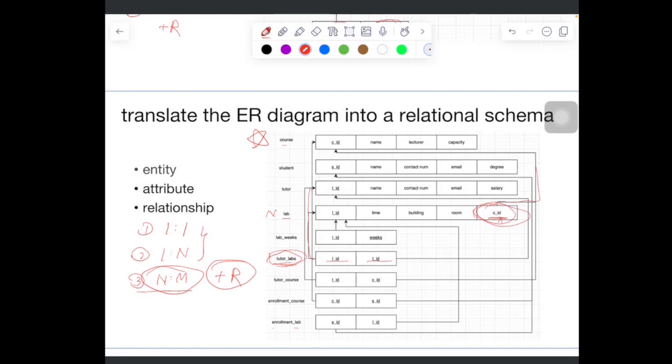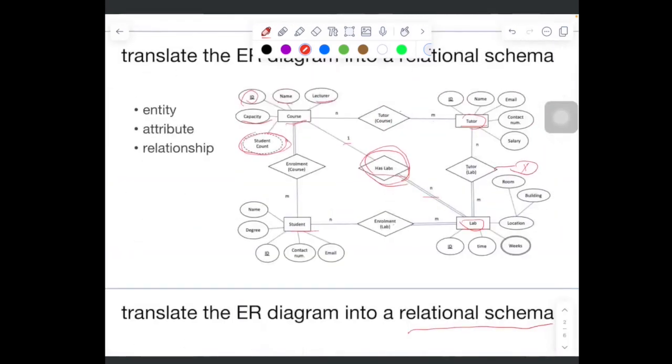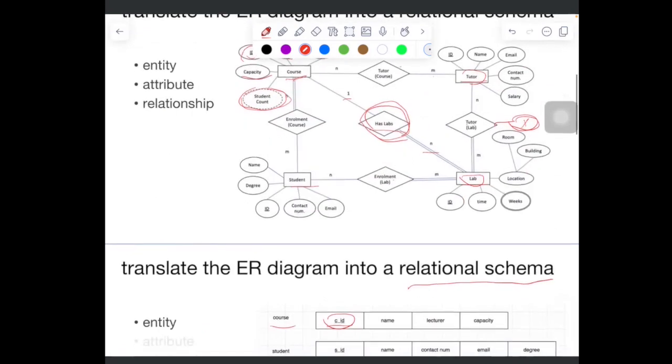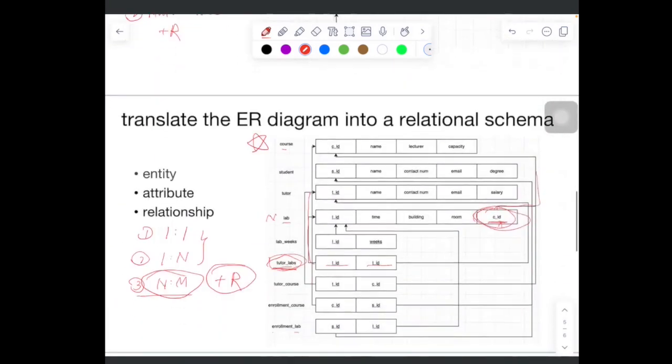So let's move on to the n-to-m relationship. Let's see the tutor labs relationship. Since the tutor labs relationship doesn't have any attributes, we will just try to figure out the relationship between the two entities.